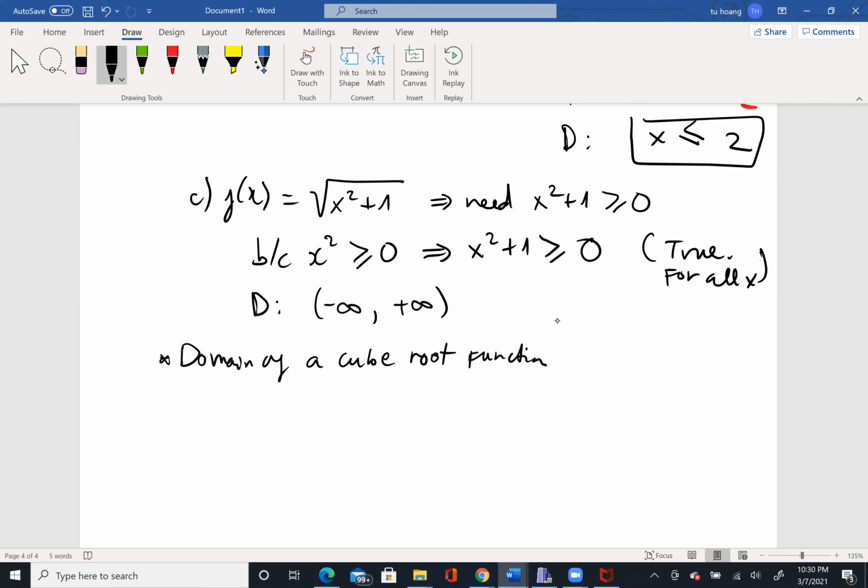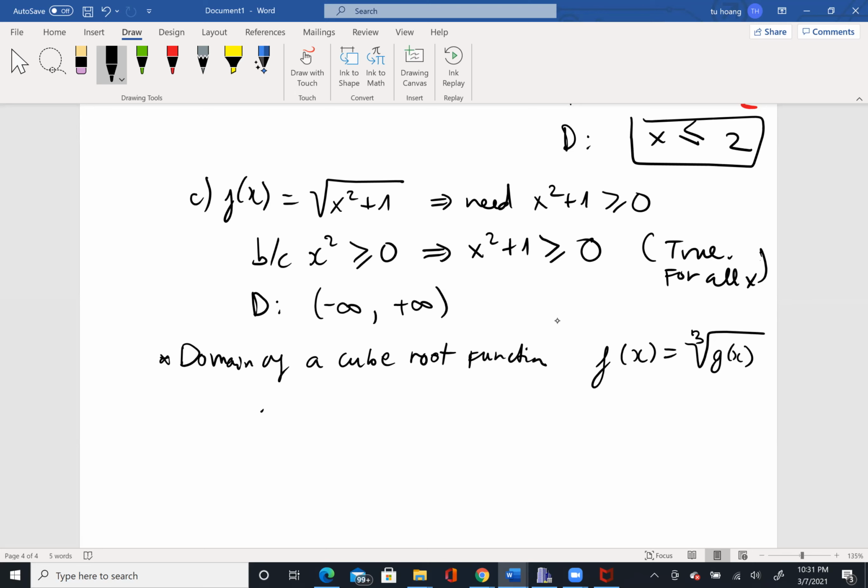So for this one, you have to remember that you can put any value. Let's say function f x equals cube root, I know, cube root of g of x. Yeah, right.